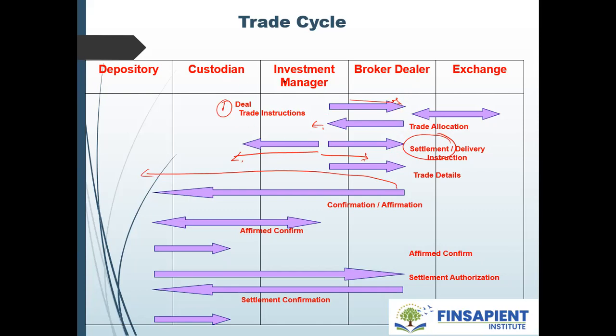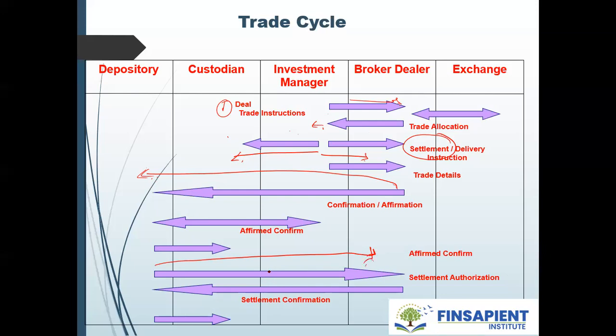So when the discussion between the investment manager and custodian is taking place, or the investment manager is interacting with the broker dealer, the broker dealer will in the meantime also interact with the depository, will send the confirmation details, and the depository will affirm basically to the investment manager, and finally will settle with the broker.